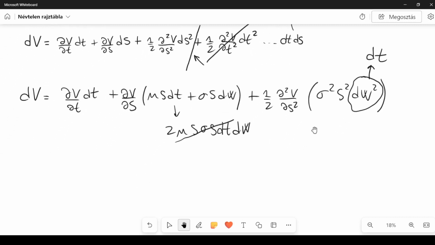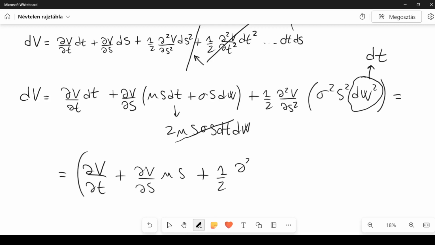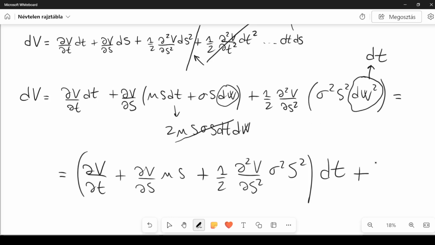So we can also rewrite this by factoring the terms that multiply dt. So we have dv dt plus dv ds mu s plus 1/2 d squared v ds squared, sigma squared s squared, and all of them multiply dt. And then we are left with the term that multiplies dw. So we have dv ds sigma s dw like this.